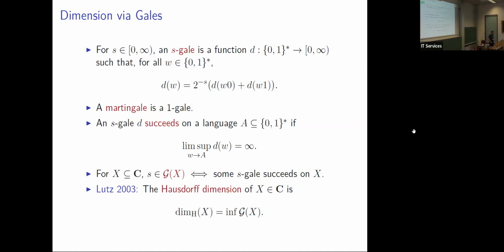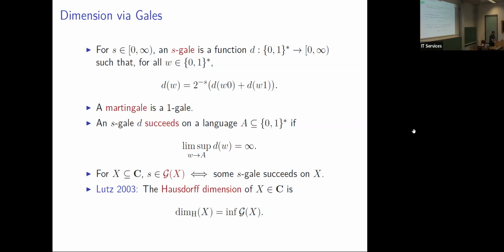And we say that an S-Gale succeeds on a language if, as W approaches A, you can make infinite money betting on it. So D of W goes to infinity in the limsup.